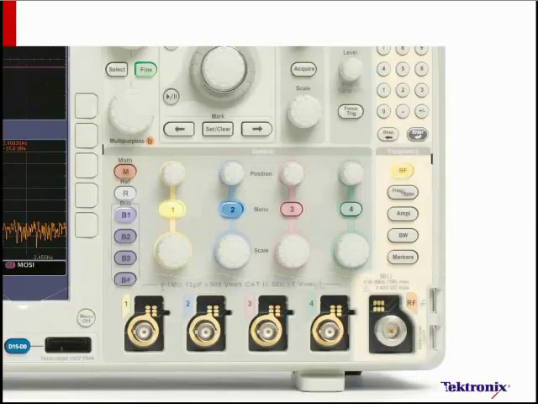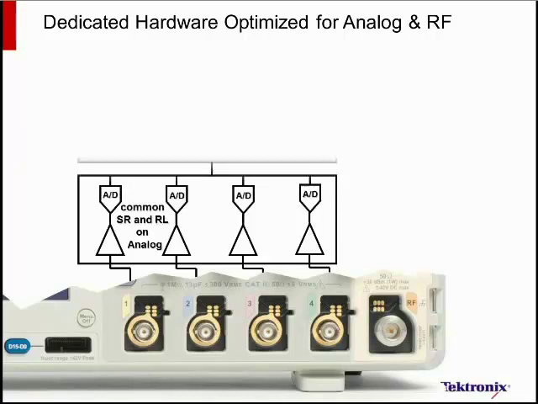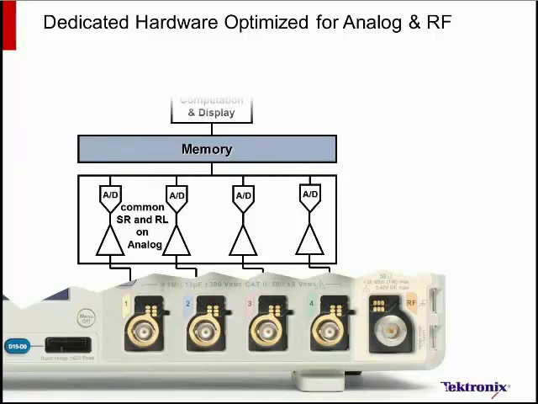So here we have a picture of the front end of the MDO4000. And let's just tear it open here. In Tektronix lingo, we call the 4 inputs, channels 1 through 4, the analog inputs. Here we have a digitizer and record length per channel. And this is pretty much standard when we think about an oscilloscope.